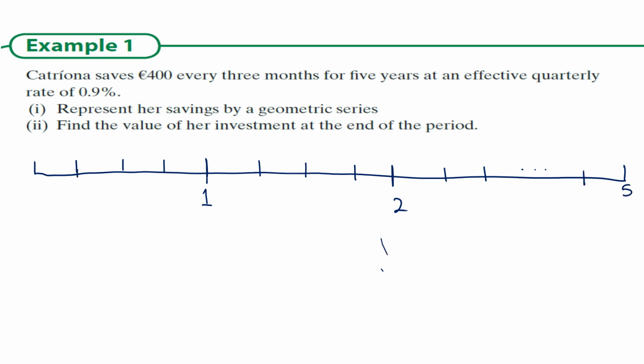At each of these lines, she saves €400, and she saves it here as well, and 400 and 400 and so on. So that's what the installment piece looks like.